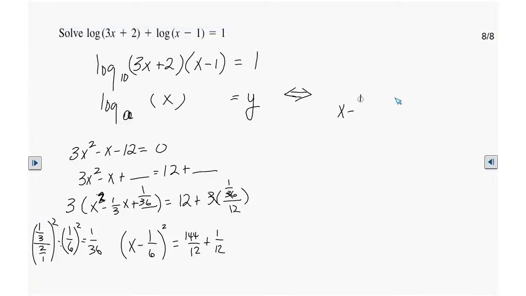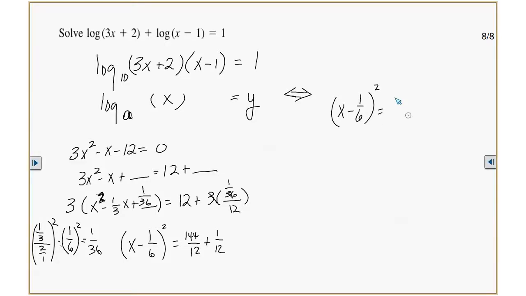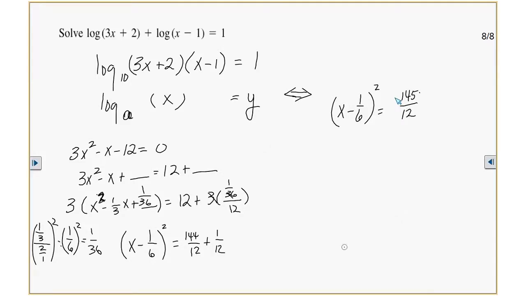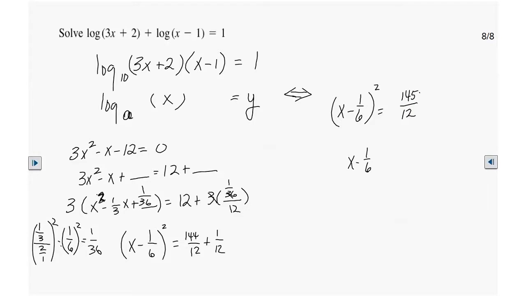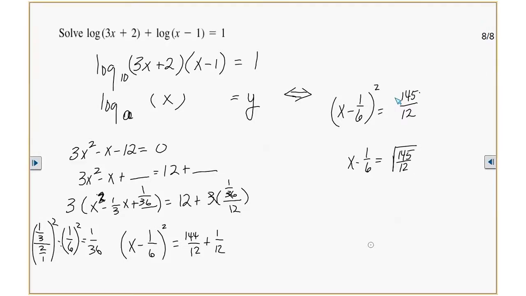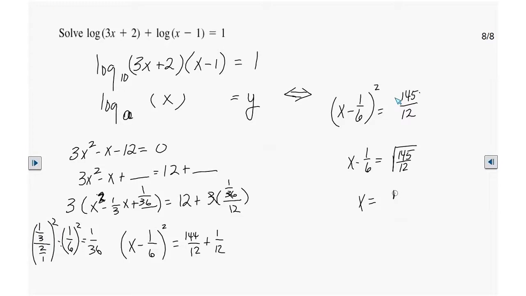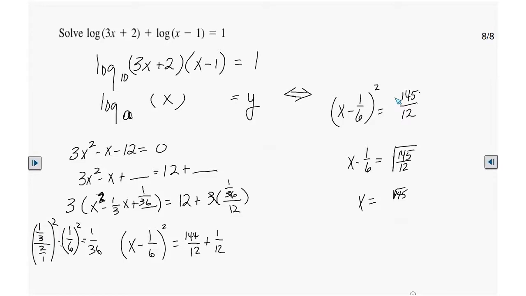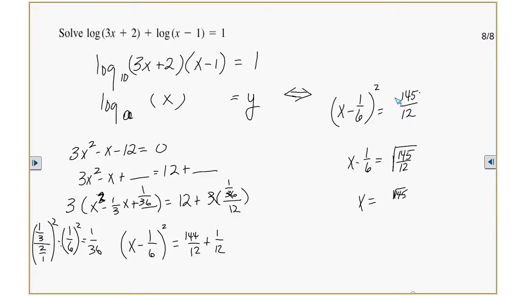(x minus 1/6) quantity squared is equal to 145/12. Take the square root of both sides. x minus 1/6 is equal to the square root of 145/12. x is equal to the square root of 145 over the square root of 12, which is 4 times 3.